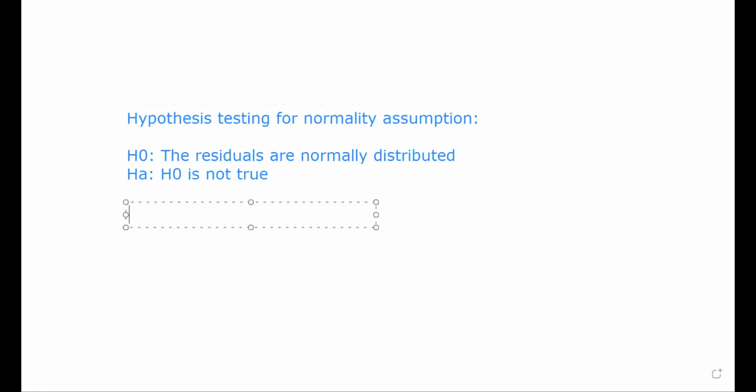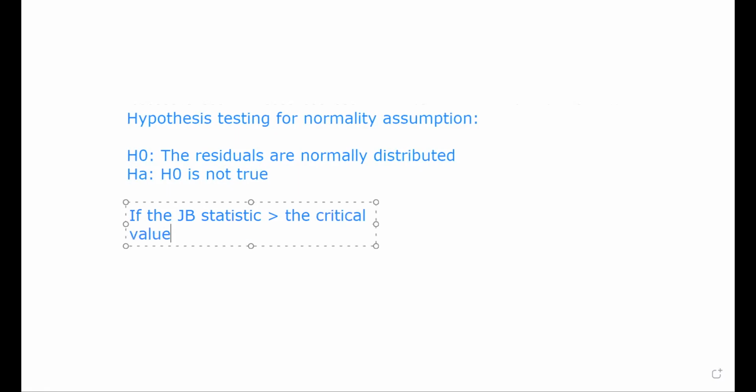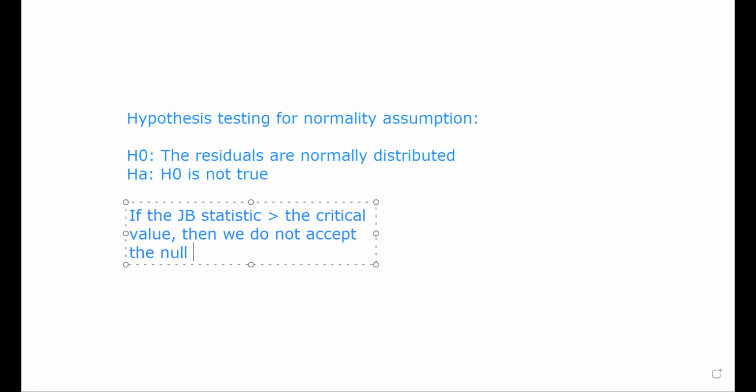If the Jarque-Bera statistic is greater than the critical value, then we do not accept the null hypothesis.